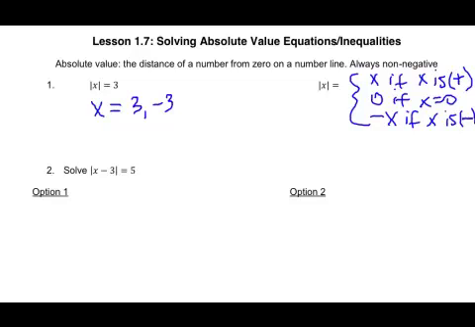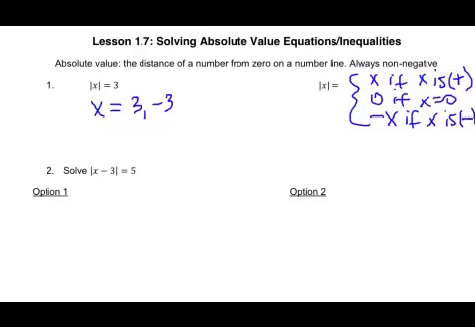So for number 2, if we are solving the absolute value of x minus 3 equals 5, there's two different ways that we can solve these. The first option is the one that I prefer. I think it makes the most sense, but the second option is always available as well. So if we look inside the absolute value, we know that it can equal 5, or what's inside the absolute value could be negative 5.